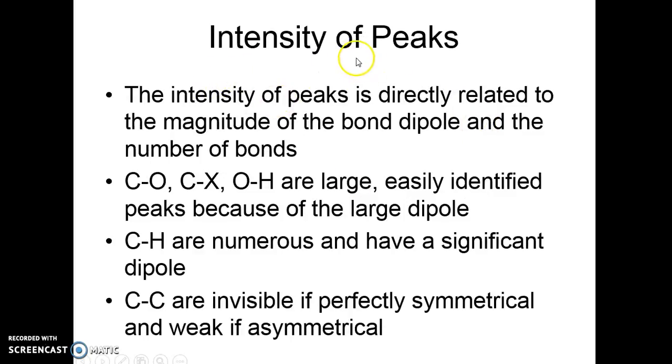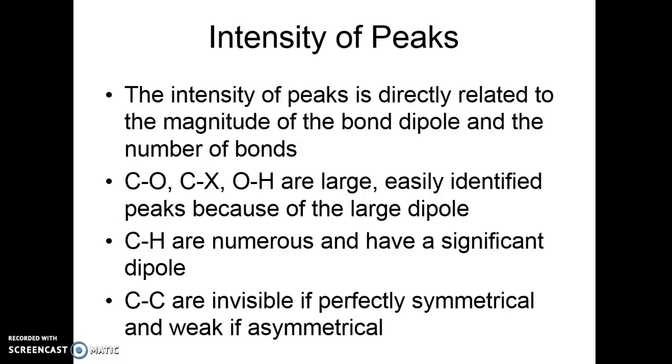The intensity of the peaks is directly related to the magnitude of the bond dipole and the number of bonds. So you have a lot of carbon-hydrogen bonds, so the carbon-hydrogen bond peaks tend to be very big, and they have a big enough dipole that they're infrared active, is what we say, meaning they will absorb in the infrared region.